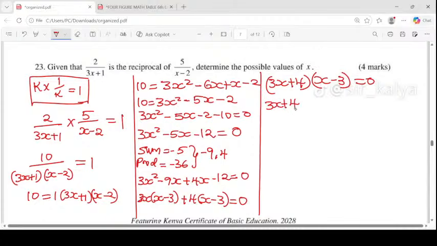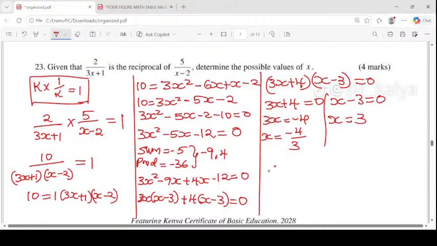In the first case, I'll have 3x plus 4 is equal to 0. This will mean that my 3x will be equal to negative 4. Then my x will be negative 4 over 3. In the other case, I'll have x minus 3 is equal to 0. This will mean x is equal to positive 3.